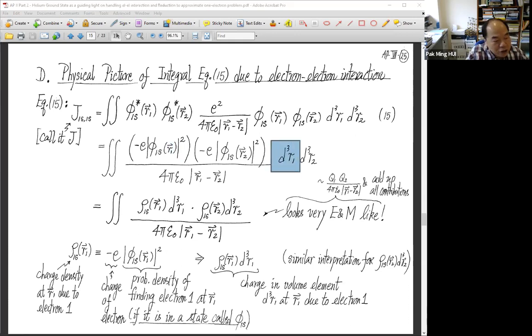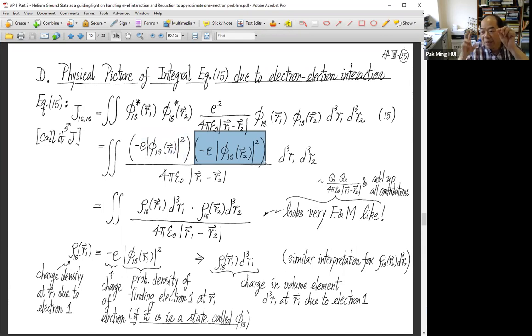This is the charge density of the electron. This is the probability density of the electron. So I have the charge density of electron 1, I have the charge density of electron 2.